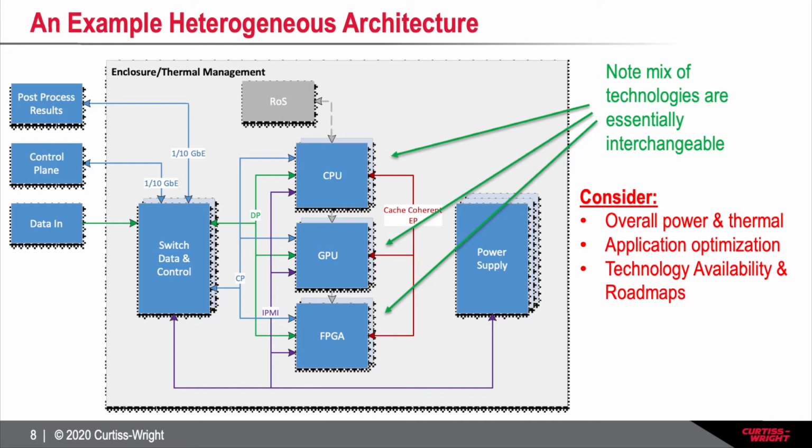this is just an example of a sort of a heterogeneous architecture, and you can see sort of a standard data in. Here you would see typically maybe a classic architecture, your switch, and then you might see maybe the FPGA was going to be the first receiver of data input and then hand it to the switch and then down to a CPU, and this sort of kind of classic waterfall structure.